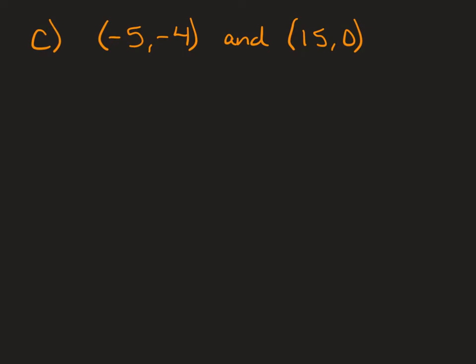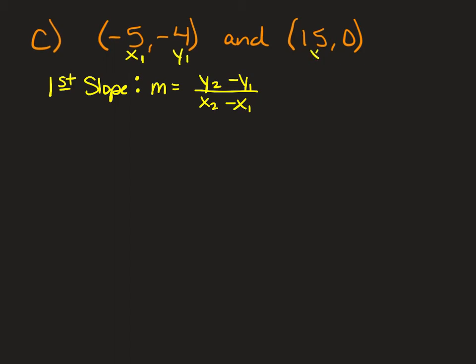Doing one last example of finding the equation for these 2 points. Remember, we start with slope. We have the slope formula, and we label our first ordered pair, x, y, as x sub 1, y sub 1. Our second ordered pair, x, y, is x sub 2, y sub 2. And then we can plug in our formula. y sub 2 is 0.